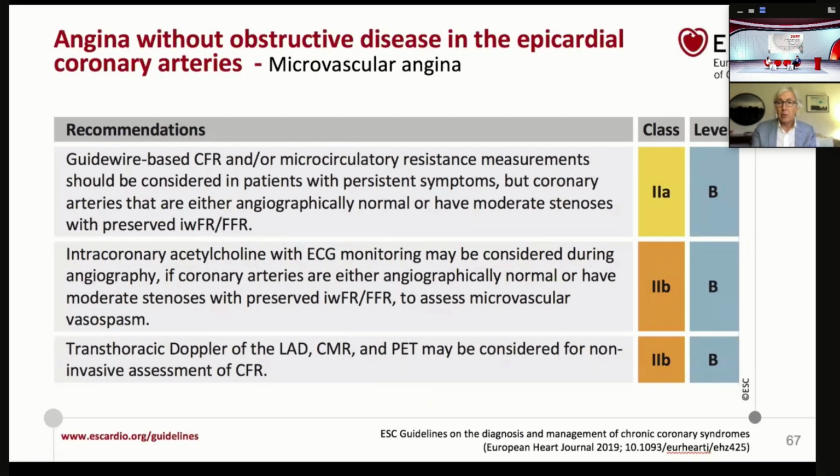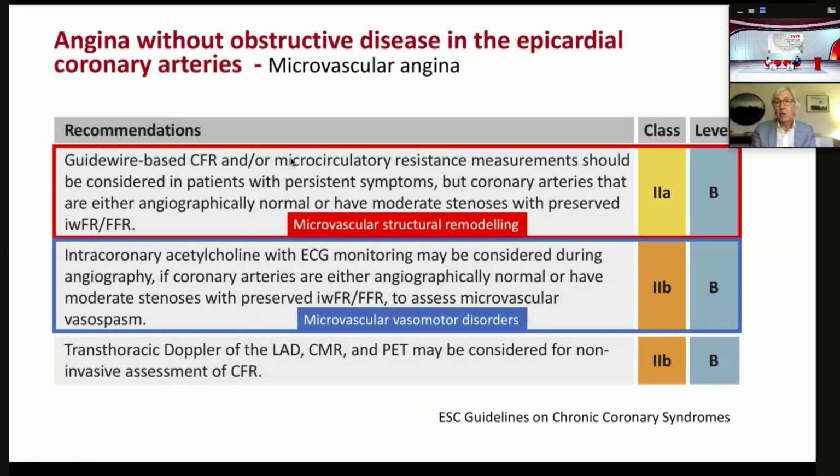And that's the reason why nowadays in the clinical practice guidelines, you have recommendations to use pressure guide-wires to measure coronary flow reserve and microcirculatory resistance, and also acetylcholine testing. You have both of them because each of these recommendations in a way is addressing the two main mechanisms that I explained to you before of dysfunction in the microcirculation in patients with stable coronary artery disease.